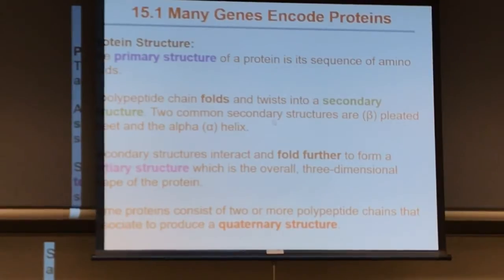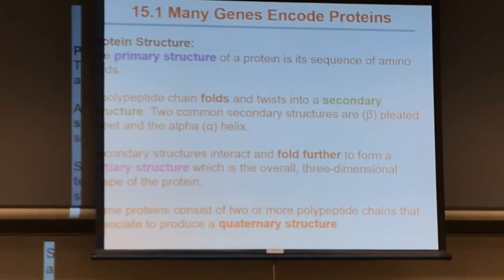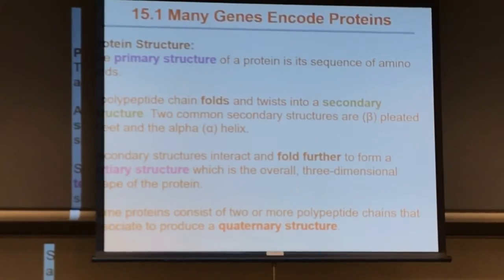Now, looking at the structure of the protein itself, the primary structure of the protein is actually the sequence of its amino acids. The sequence of amino acids in a given protein is referred to as a primary structure. Now there is some kind of interaction between different amino acids, and they have a pull for one another.